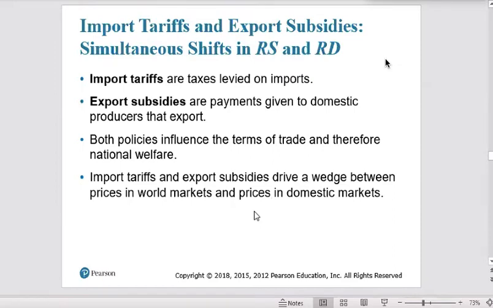Okay? So there's a difference between the world market price and the Chinese domestic market price for bananas. One is $1, the other is $1.20. So this is how you put a badge that differentiates the price for different markets.